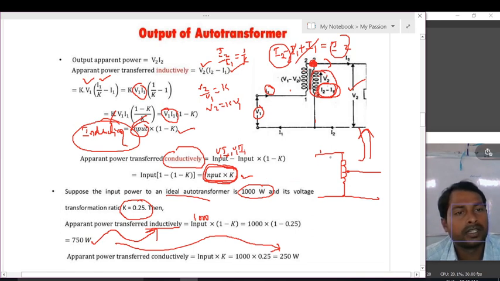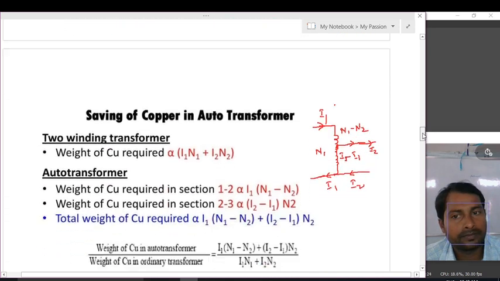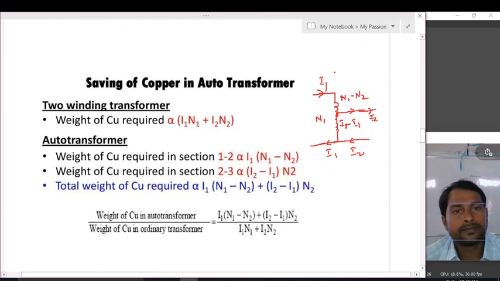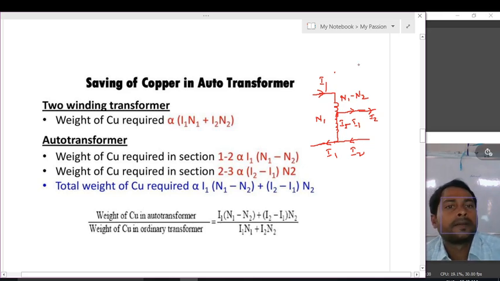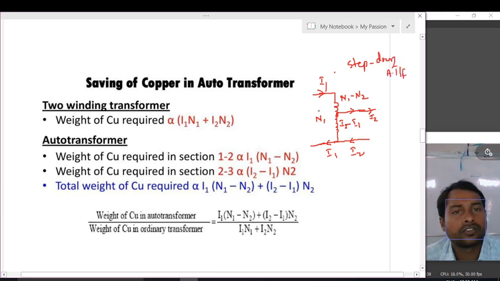Next, let us go for the copper saving in the transformer. Let us take a step down auto transformer. It will be like this. This is I1, here this is I2.